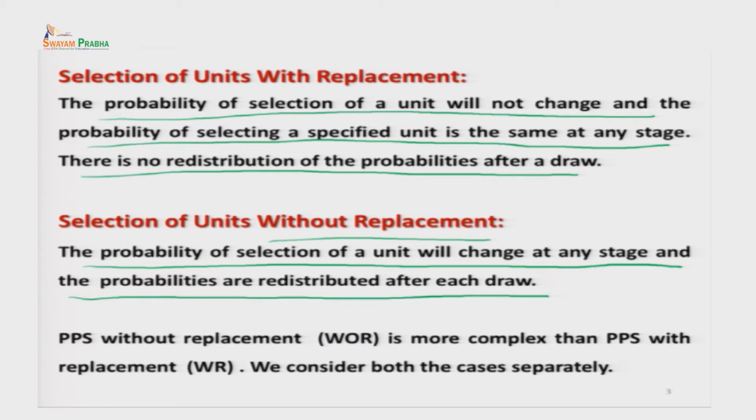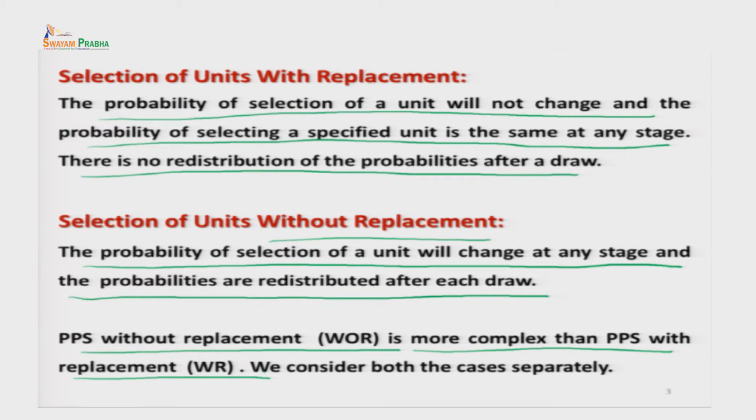So, now you can imagine that in the case of PPSWOR, once you draw a unit, after that you have to recalculate all the probabilities, whereas this is not the story in the case of PPSWR. And once you have to do this, you can imagine that drawing the sample by PPS without replacement, WOR, is going to be more complex than PPS with replacement, WR.